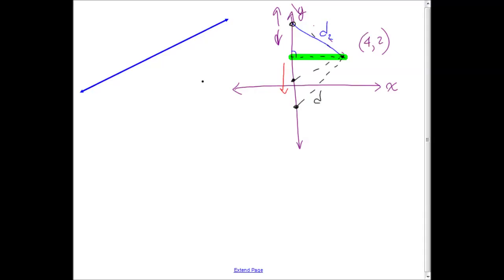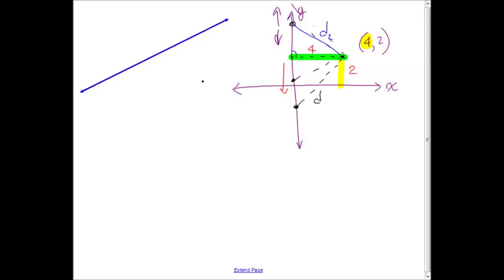And how long is it? Well, the answer is right there. It's 4 units long because that's how I got from the y-axis over to that point. Likewise, I could talk about the distance between that point and the x-axis, which, by the same argument, would be that distance right there and would have a value of 2.